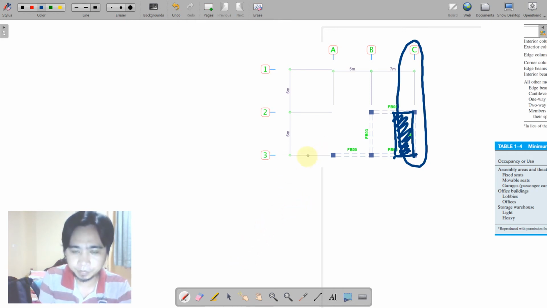So from that, the first unknown is the influence area.